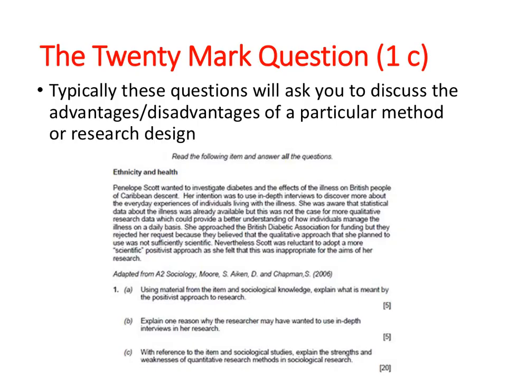The final section of the mock exam will be a 20-mark question on research methods, and typically these questions will ask you to discuss the advantages and disadvantages of a particular method or research design.